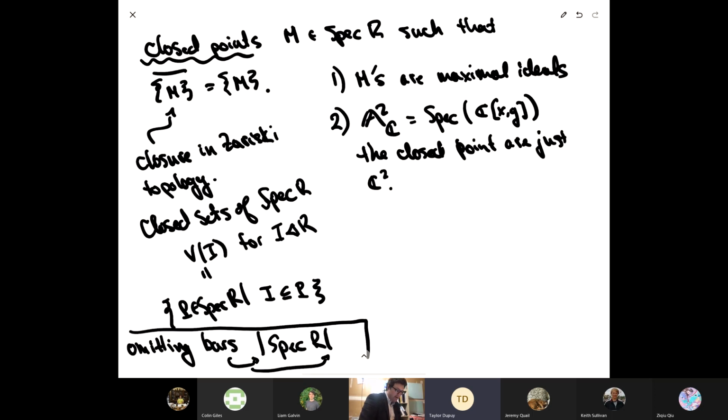The maximal ideals of this ring look like (x - a, y - b) for a, b in C.